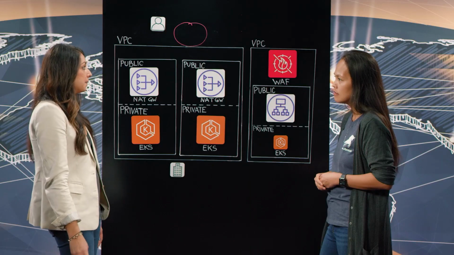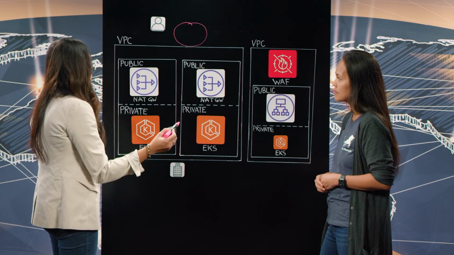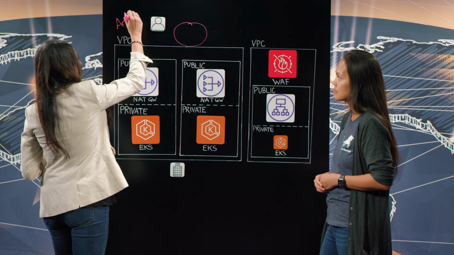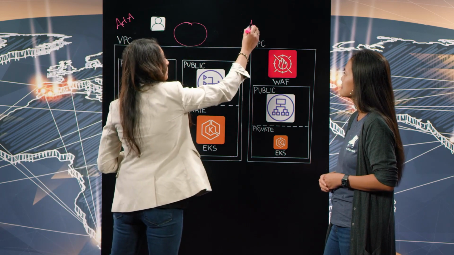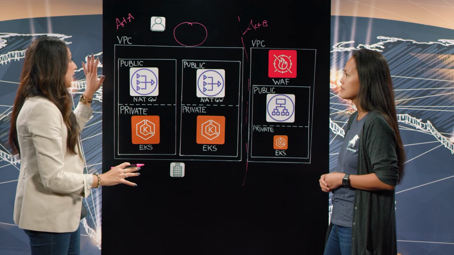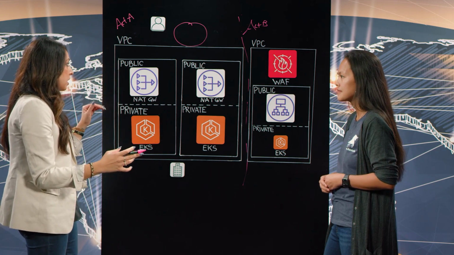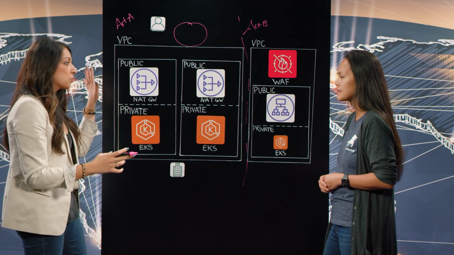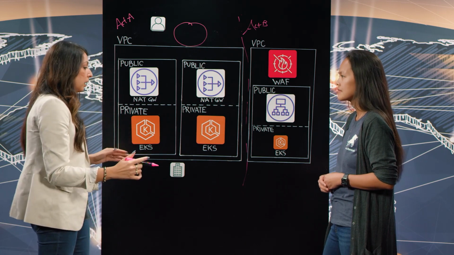deployments. So as a solution architect, what are some of the best practices that we need to consider within our design? Absolutely. So if we look at this and say that this is account A, and this is account B, this line here. So let's say in account A, there's some sort of vulnerability that was exploited.